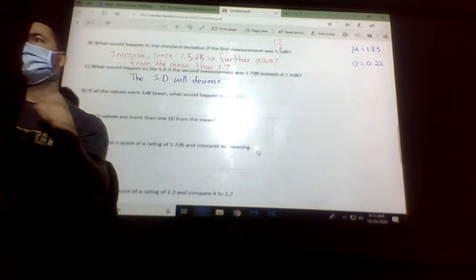This one's a trick question. See if anyone can get this one. What would happen if all the values were 1 decibel lower? What would happen to the standard deviation?